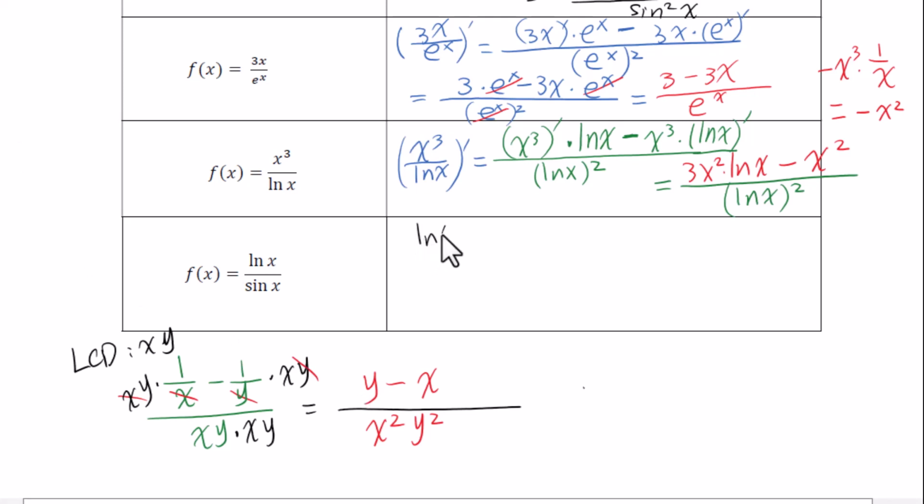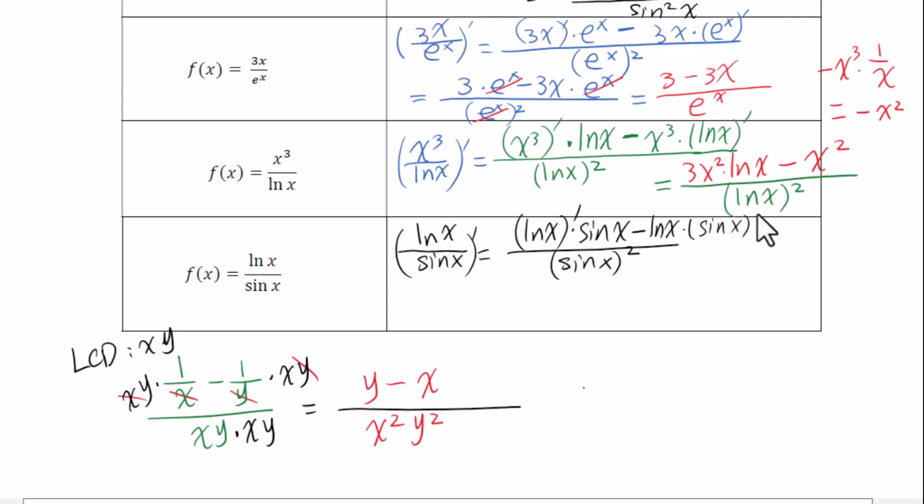For natural log of x over sin x, prime, equals sin x squared in the denominator. Then natural log of x prime times sin x minus, switch the derivative, natural log of x times sin x prime.